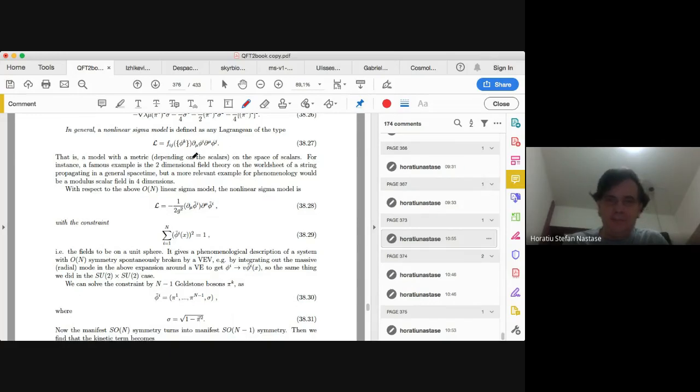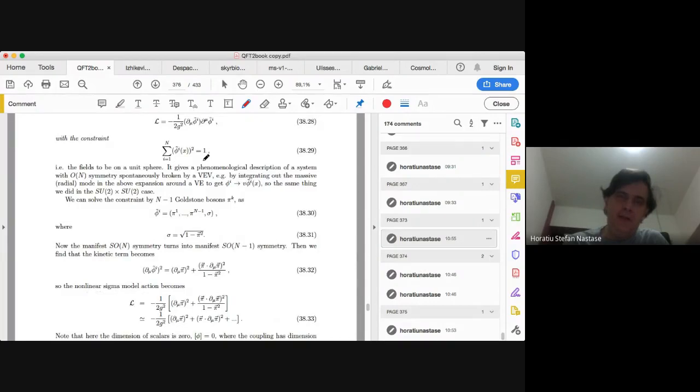So to obtain something of the type of the general nonlinear sigma model with metric on the field space, I just solve the constraint of phi tilde being on the unit sphere. I write the pions pi 1 up to pi n minus 1 in the first n minus 1 components, and the last component is 1 at linear level, but at nonlinear level is not 1.